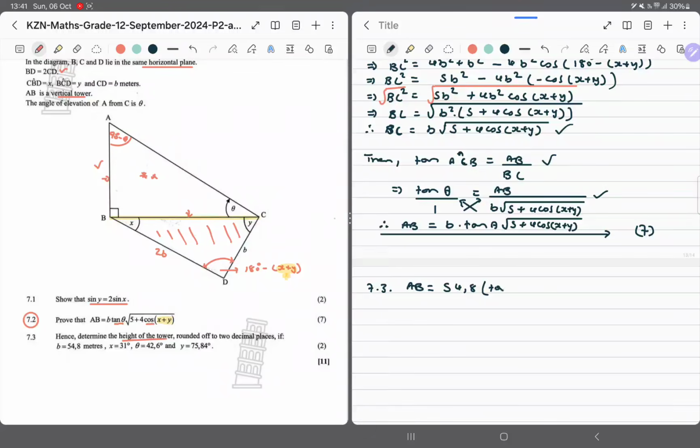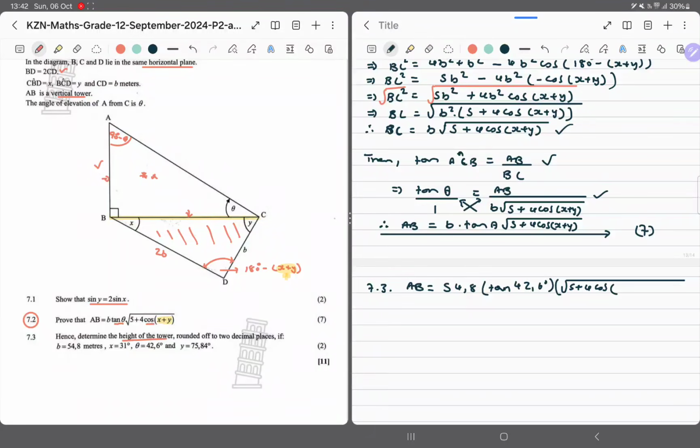Now we know that this is tan of theta. Now theta is 42,6 degrees into the square root. So a whole lot of such substitutions. This is 5 plus 4 cos of this angle.